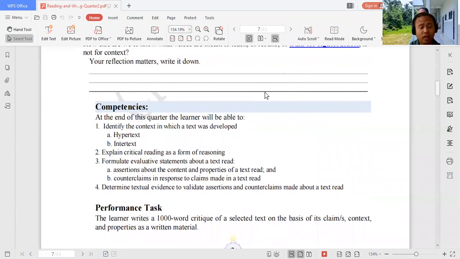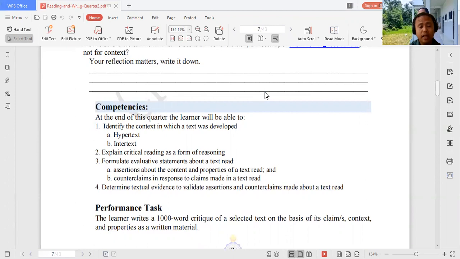Now, at the end of the quarter, you will be able to, number one, identify the context in which a text was developed. And there are two, letter A, hypertext, and letter B, inner text. Now, number two, you have to explain critical reading as a form of reasoning. Formulate evaluative statements about text.